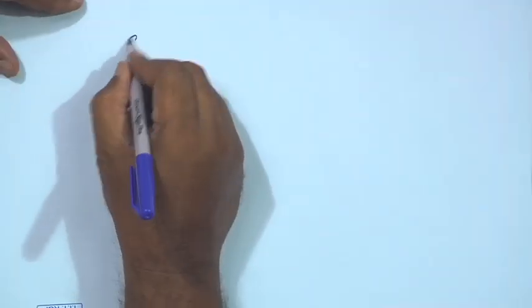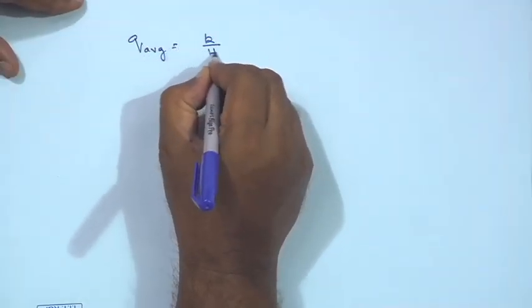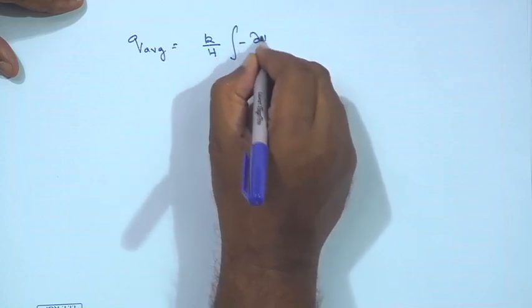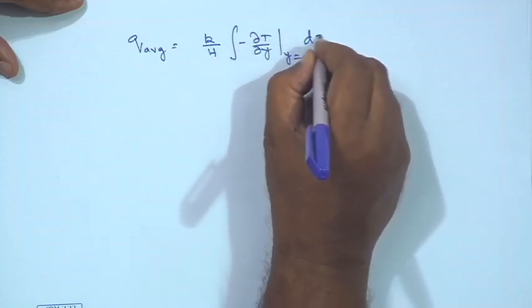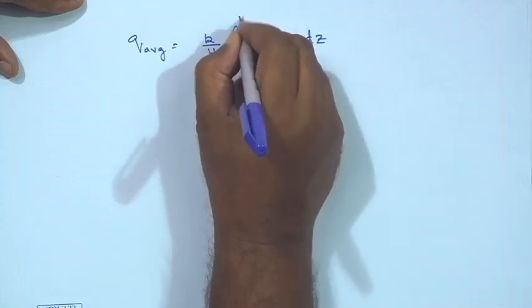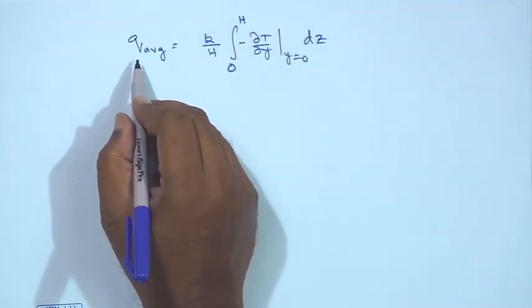So, now let us see how we can get the average heat flux, which is Q average, which can simply be equal to k by H times minus del T del Y at y equals 0. So, this is the average heat flux from the wall to the outside.